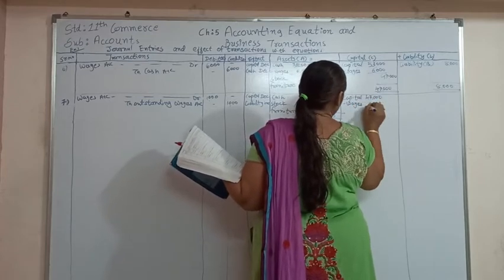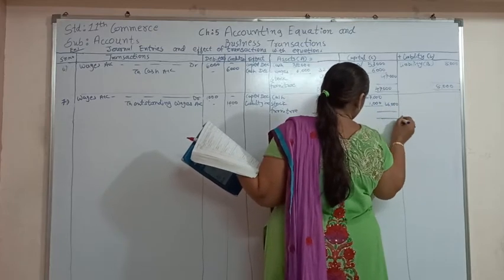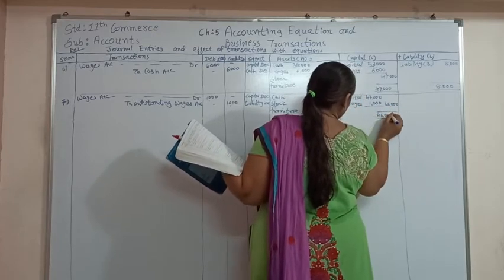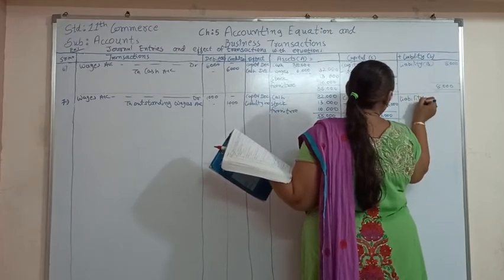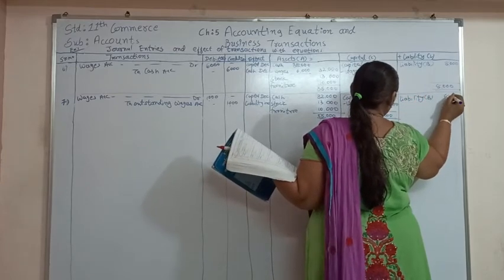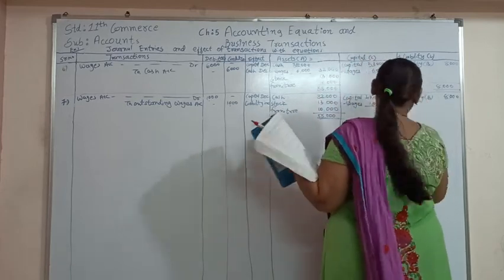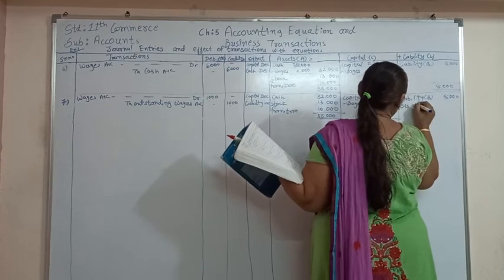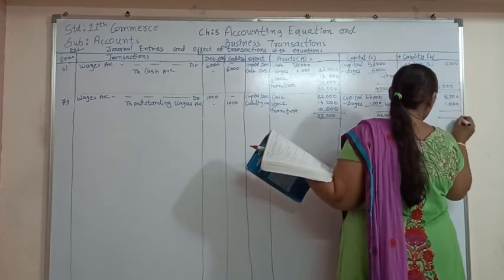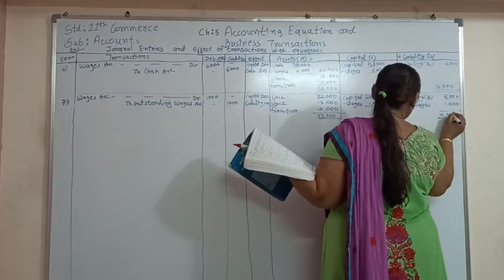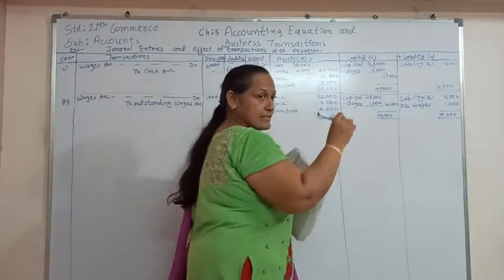So that will be 46,000. And liability of B will be 8,000 and for outstanding wages will be 1,000. So total of liability is increased by 9,000. So this is the transaction number 7.